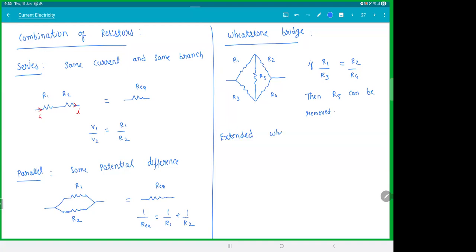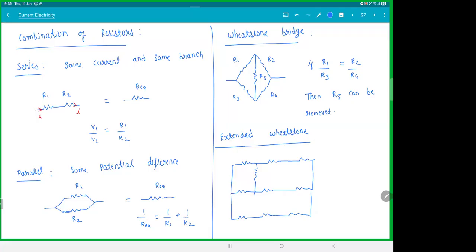Then we also have an extended Wheatstone bridge. You can even have something like this. Basically, you can fold this and this becomes an extended bridge. So R1, R2, R3, R4, R5, R6, R7, R8, R9.